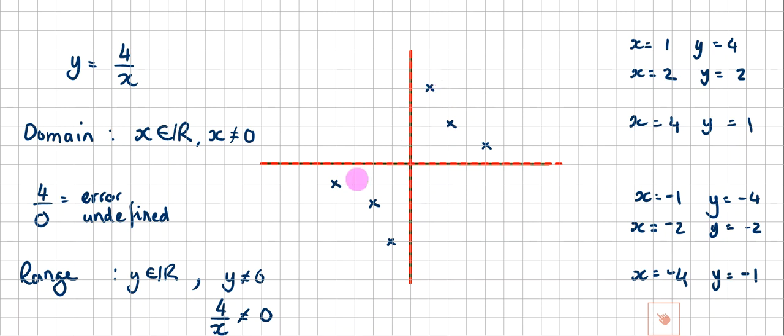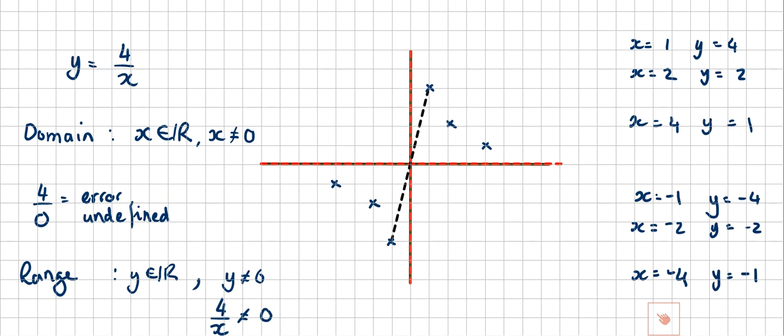A lot of people would go, oh, I've got to join that with that. But we know that doesn't make sense, because a line is not a line, but an infinite number of points. If the line does that, by the way, this is why I wanted to talk about it, we're basically saying that if I put a half in, I should get 2. If I put -1/2 in, I should get -2.